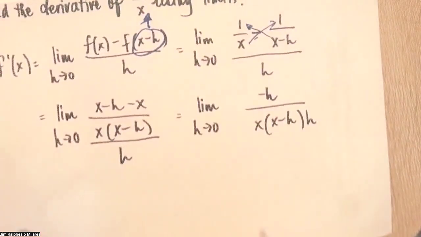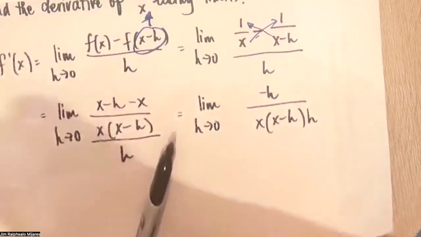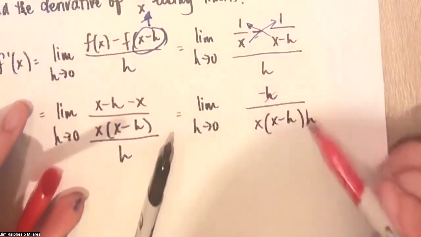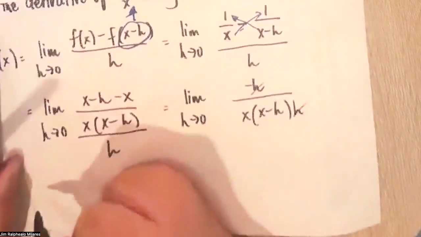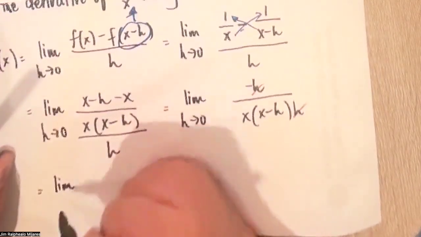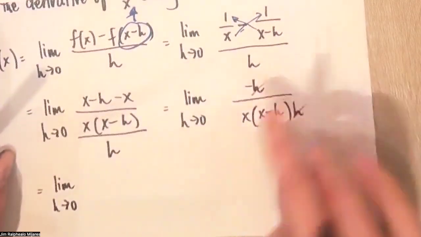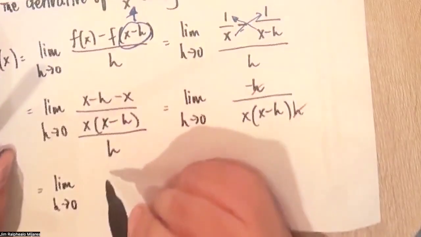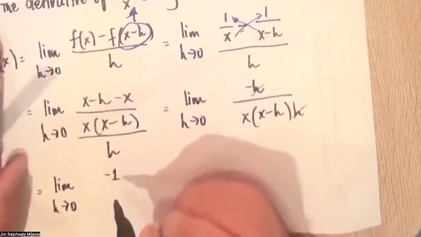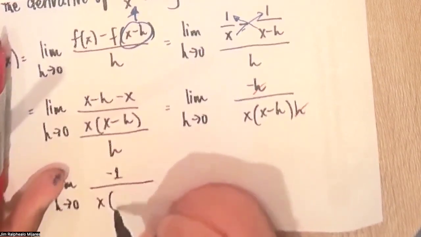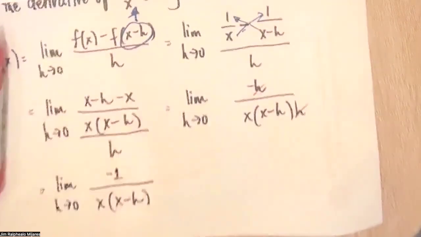Okay. Then noticing that we can cancel these out, we're gonna finally get the limit as h approaches 0. We can cancel them out. So the numerator is just negative 1 over x times x minus h.